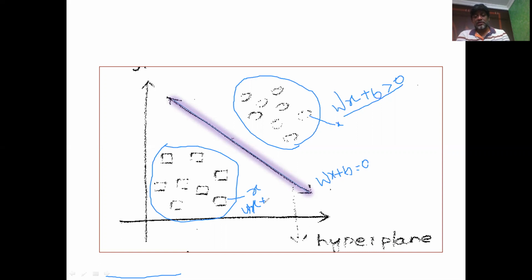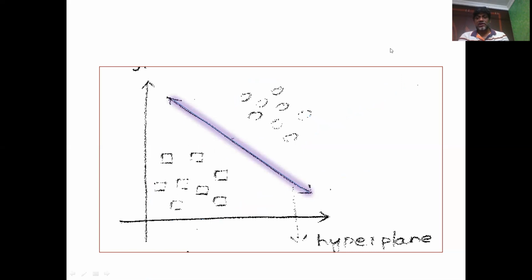So just like the upper class is a positive class, this is going to be a negative class. This line forms a hyperplane that divides the corresponding input classes into two categories because it is a binary classification problem, and therefore it is called a hyperplane. This is called the negative hyperplane, and this is called the positive hyperplane. With this introduction, now let us go through a few more things to understand what exactly it is.